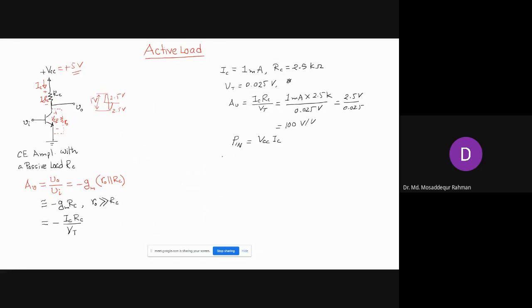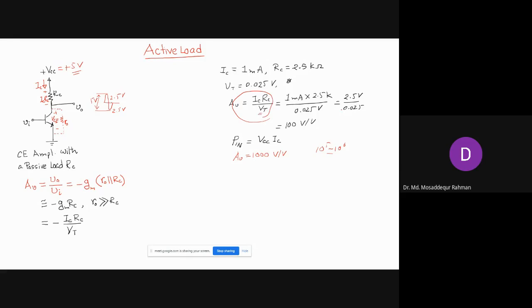Now, what are the issues here? If you want to use a gain of 100, that is nothing for an integrated circuit. So we want a gain of 1,000. Op amps have gain in the range of 10^5, 10^6, right? We're not going to that, we're just limiting ourselves to 1,000. If you see this expression, the gain expression here is IC RC divided by VT.